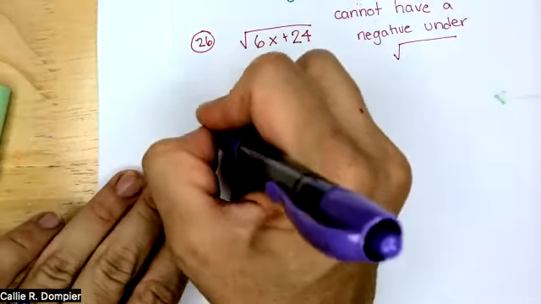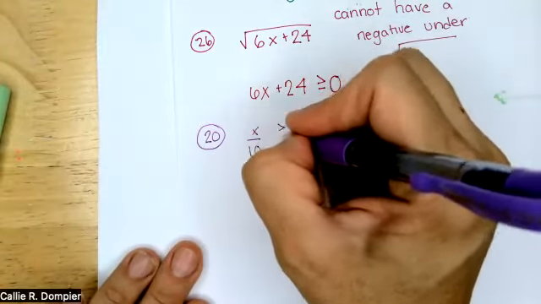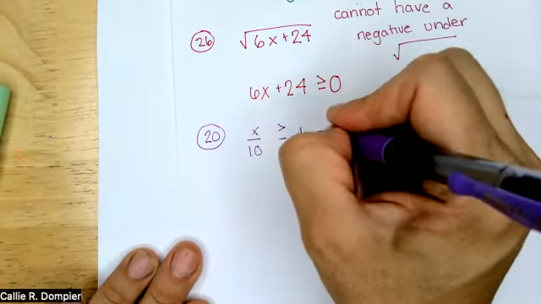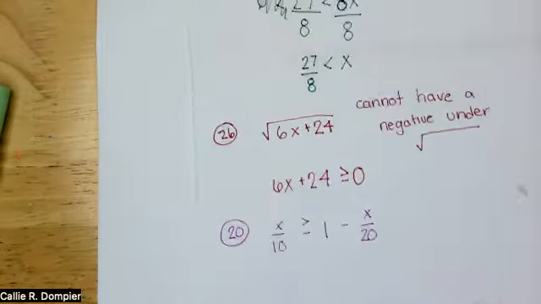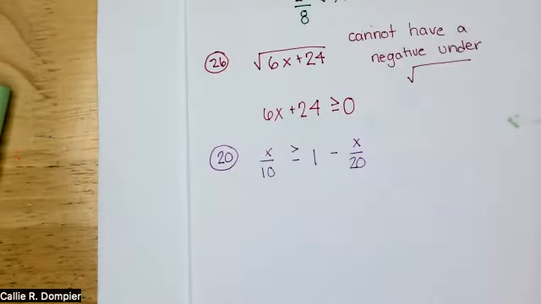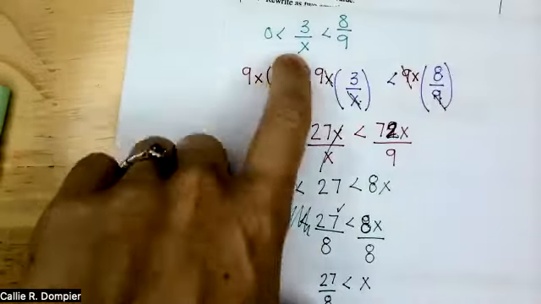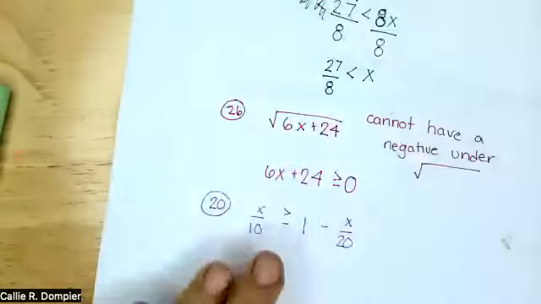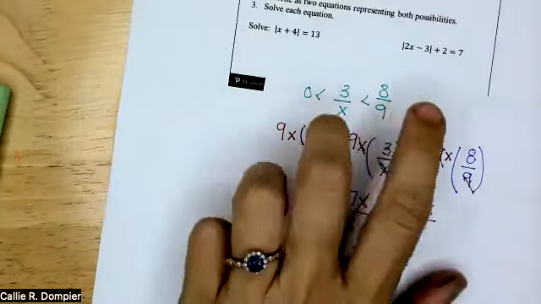Number 20 was x over 10 is greater than or equal to 1 minus x over 20. I'll let you look at it. Good. So what can we do here? Think about what we did over here. We had x in the denominator and we had 9 in the denominator. Now we have 10 and 20 in the denominator. Here we multiplied everything by 9x.